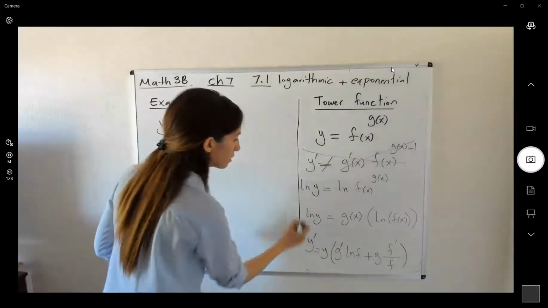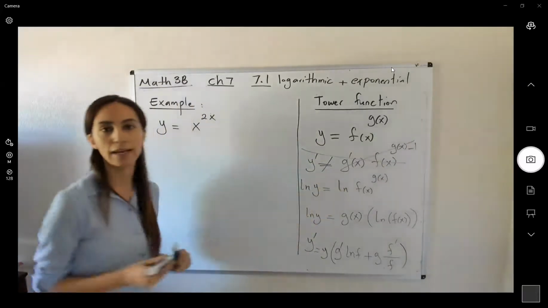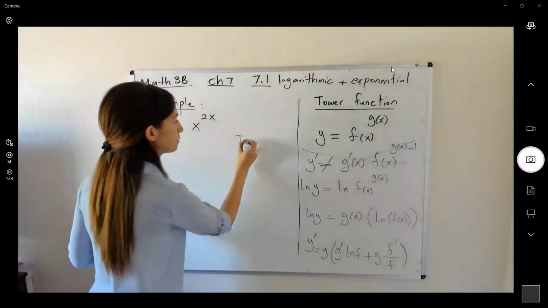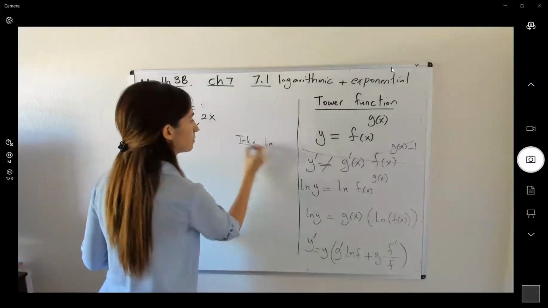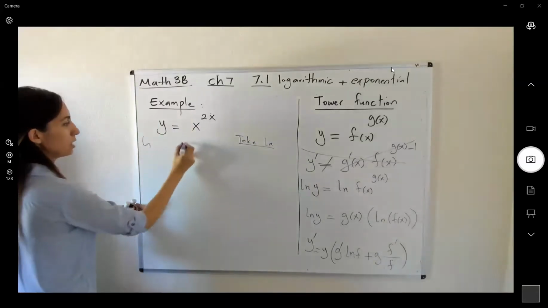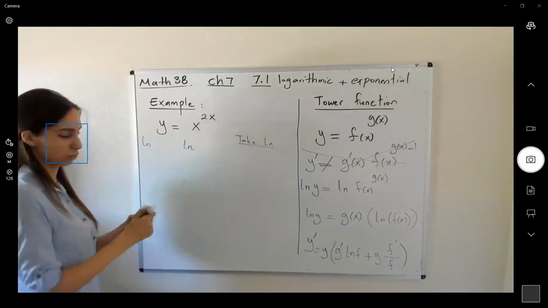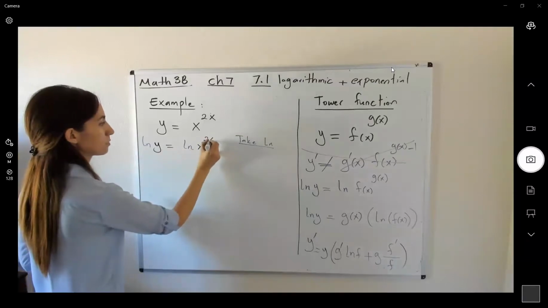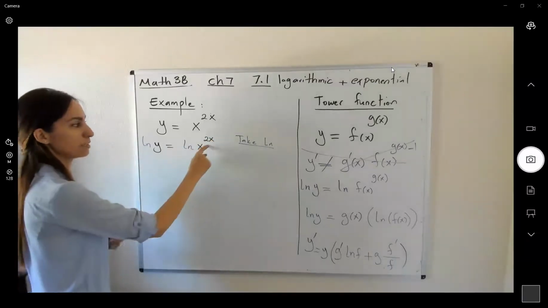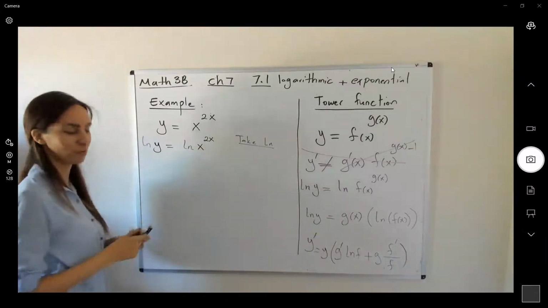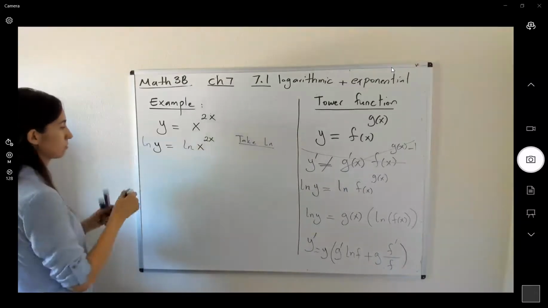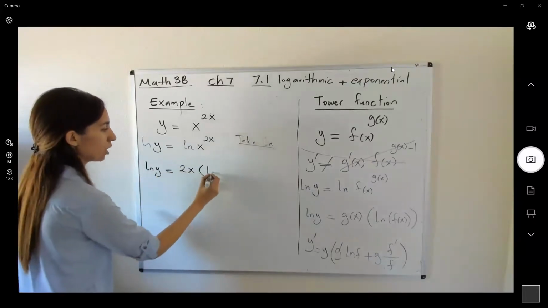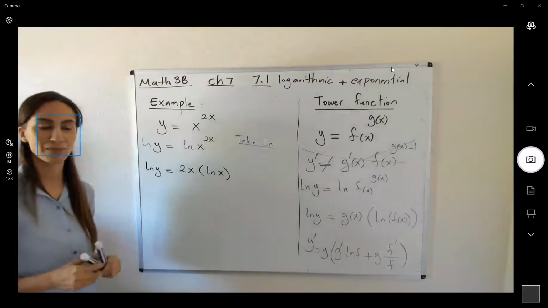One of the methods is to take the ln of both sides. ln of y is equal to ln of x to 2x. Here you have an exponent, so write the exponent in front of your ln. ln of y is equal to 2x times ln of x.